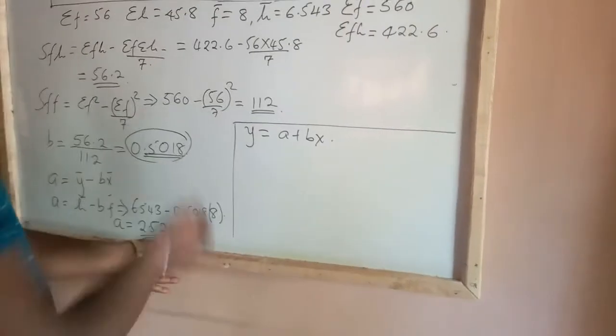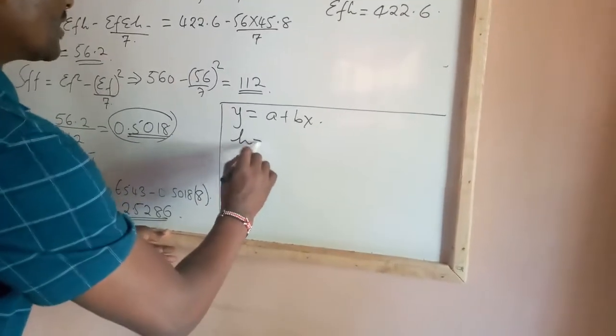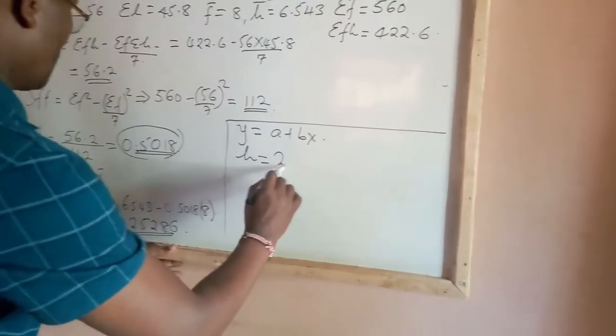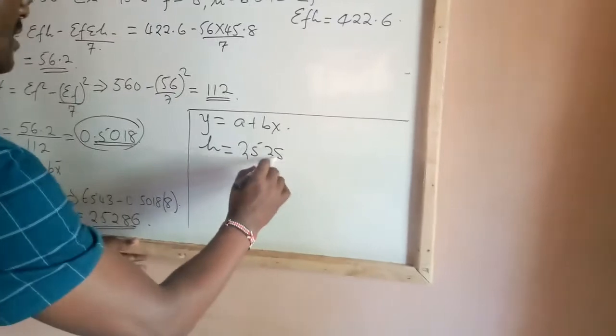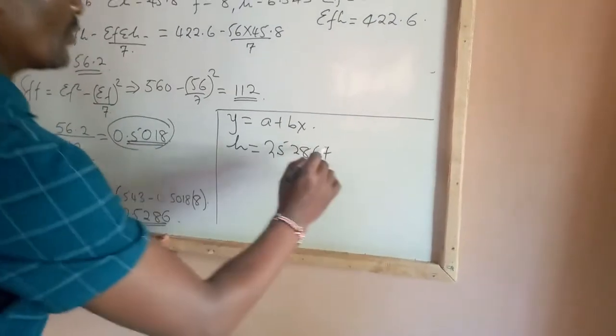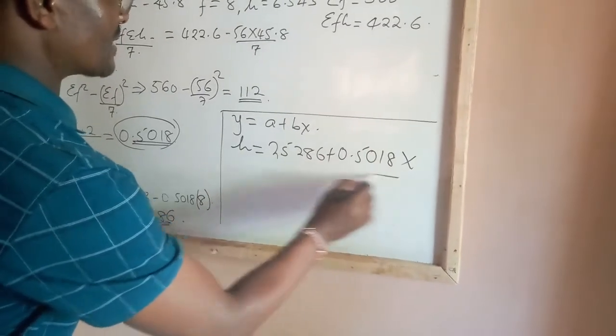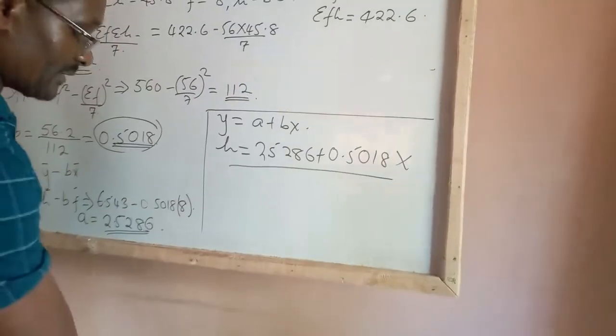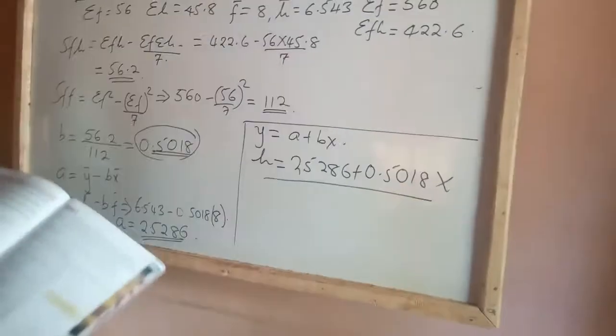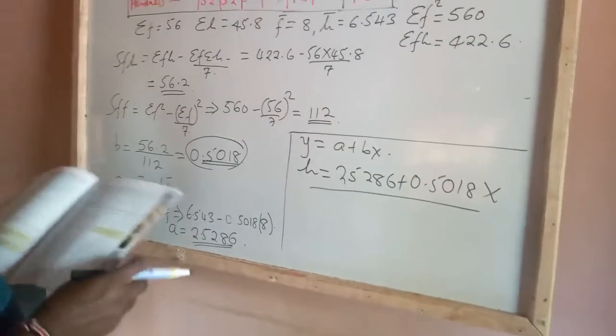But in this case, instead of Y, we have H equals our A, 2.5286 plus B, which is 0.5018x. And that is the equation of regression.